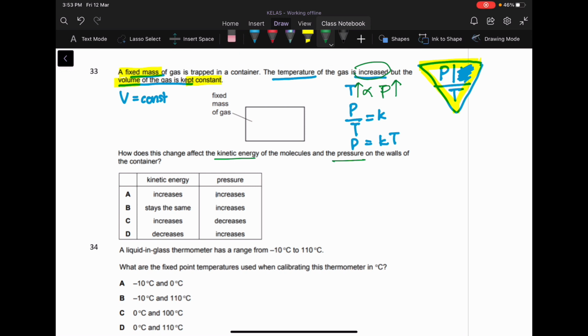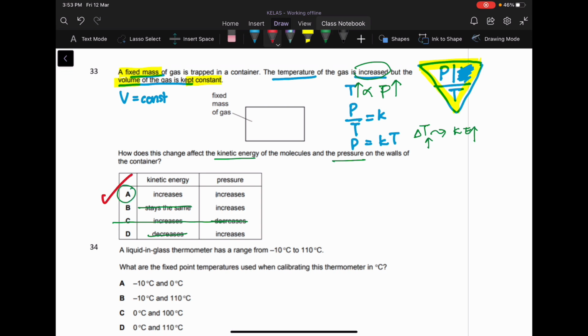So pressure increases, so we cancel C. Next, kinetic energy. I always tell you, when there is temperature change, we will have change in kinetic energy. Here temperature increases, so kinetic energy will increase. Decrease is wrong. So the answer is A.